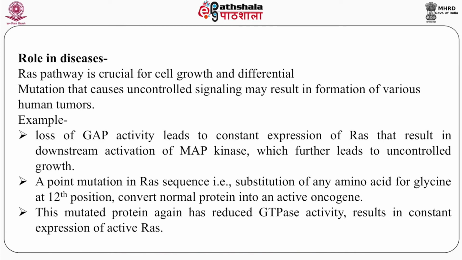Now, what is the role of this pathway in diseases? As this pathway is crucial for cell growth and differentiation, any mutation that causes uncontrolled signaling may result in the formation of various human tumors. For example, loss of GAP activity leads to constant activation of RAS that results in downstream activation of MAP kinase, which further leads to uncontrolled growth.